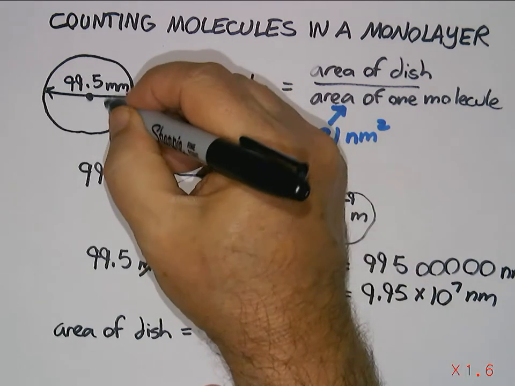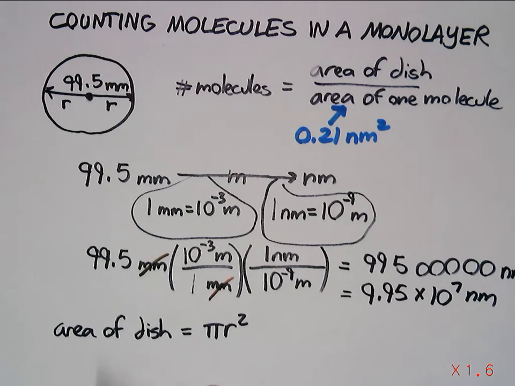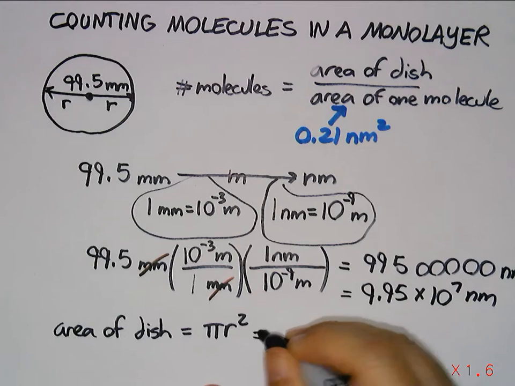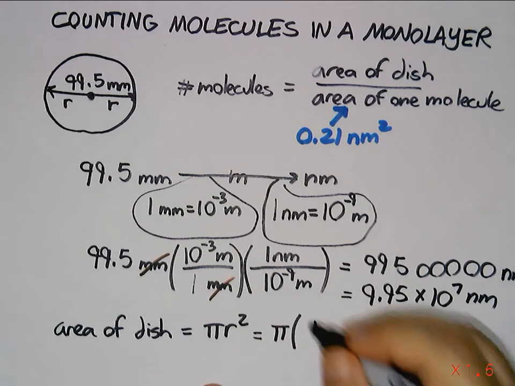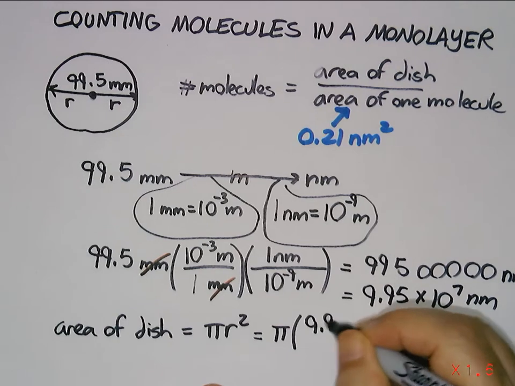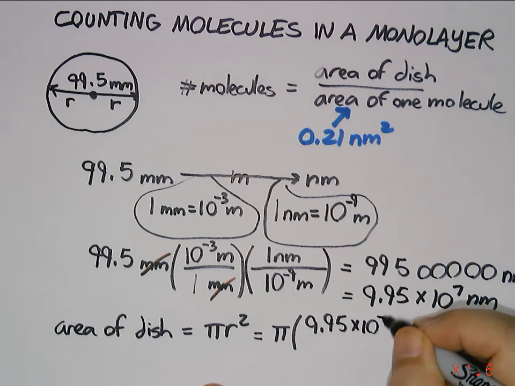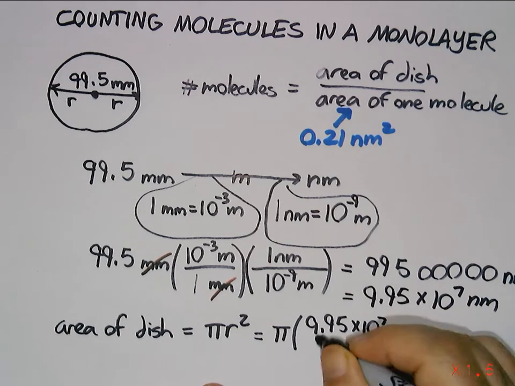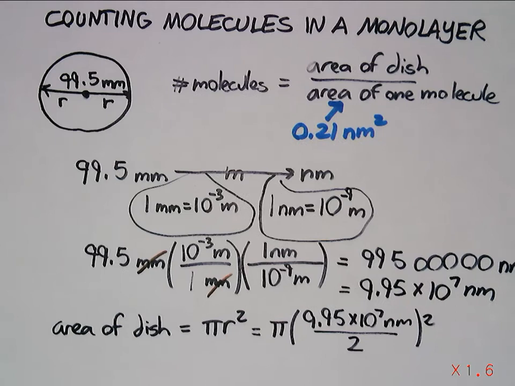So this is r and this is r. So that means that I should take half of my diameter to be r. So I'm going to take my diameter in nanometers here. Now, when I'm punching this in, the parentheses are pretty important.